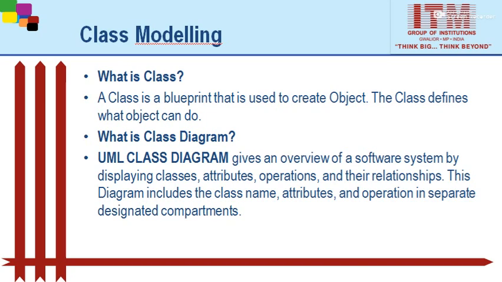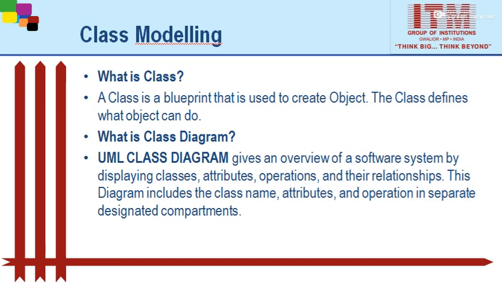A class is the thing where the common properties, or you can say the attributes of the objects reside. The class defines what an object can do in the form of operations which objects perform. So this is what a class is.